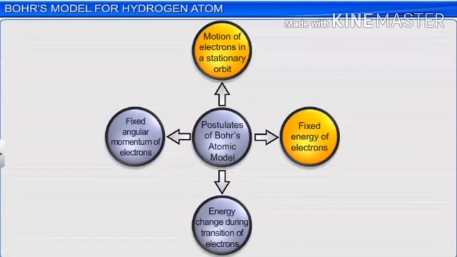Then, what is the energy change that happens during the transition of electrons? When the electrons make a transition from one orbit to another, what is the energy change that occurs? He also explained the fixed angular momentum of electrons. So these are the four main areas he explained in his atomic model of the hydrogen atom.